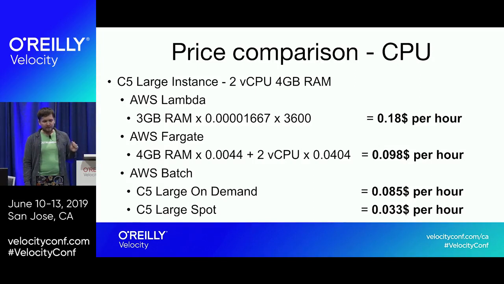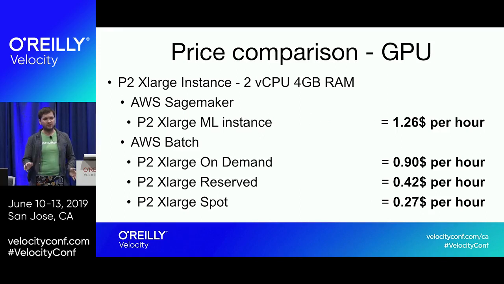Fargate, although it's on par with pricing with AWS Batch, actually allows you to customize your instances. So you can put more CPU and less RAM, or more RAM and less CPU. In this way, it could be more price efficient than Batch. And obviously, it will start faster. And finally, Batch, where you can either use on-demand instances, which are pretty expensive, or spot instances, which are 30–40% of the on-demand price.